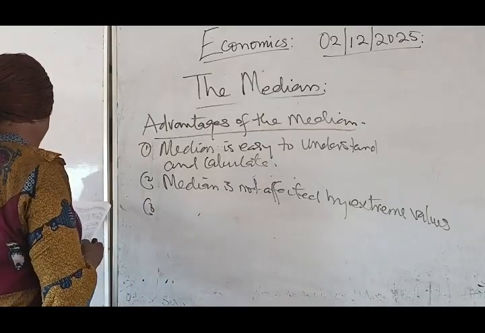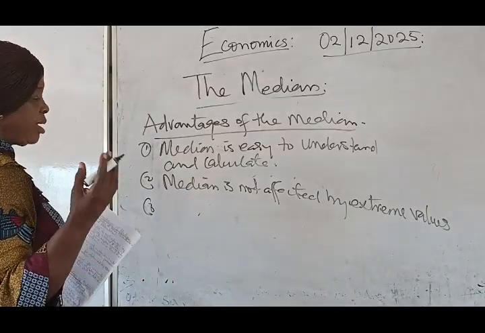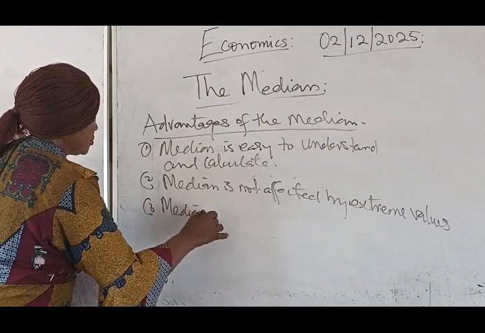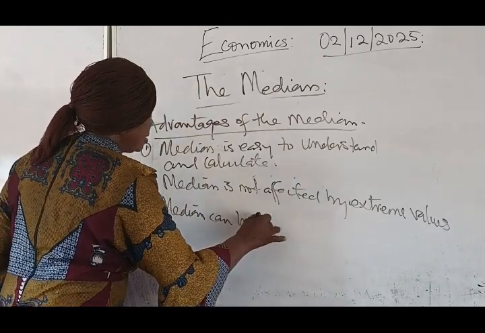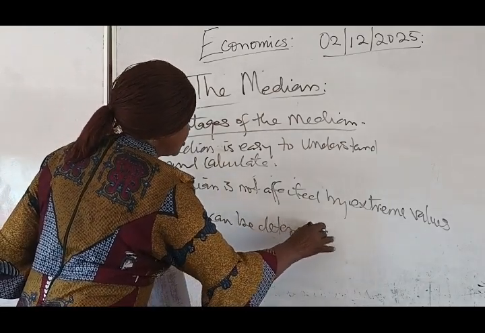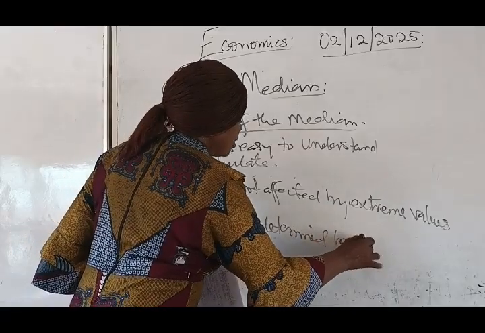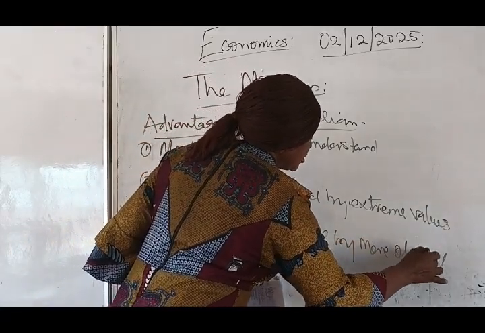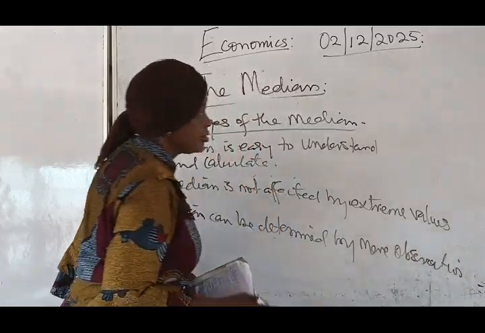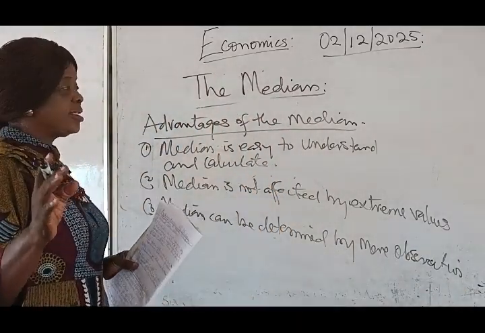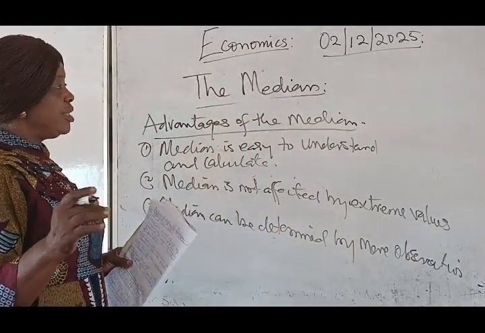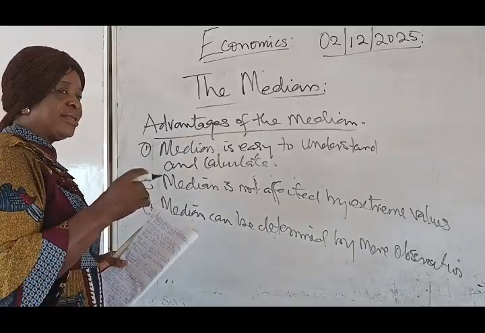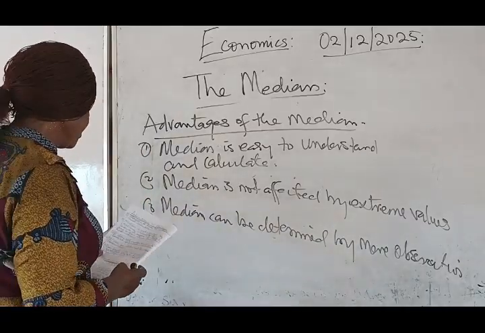Number 3, the median can be determined by mere observation. That is, when you look at a set of figures, especially when the set of figures is not many, you can easily determine the median, the number in the middle.